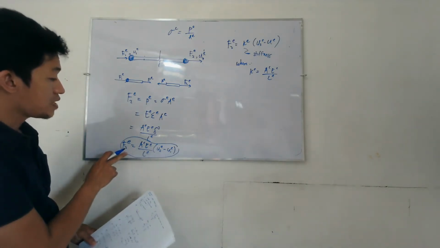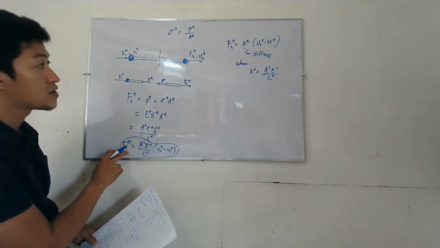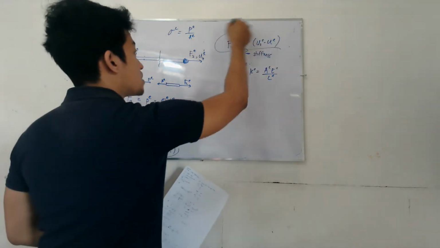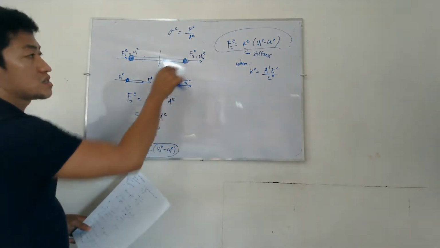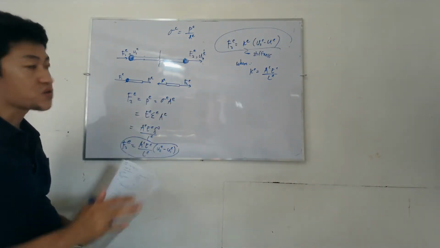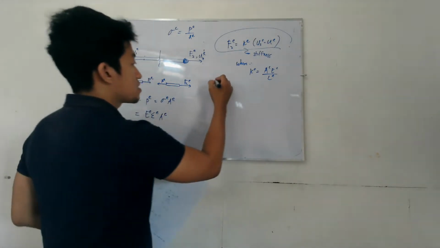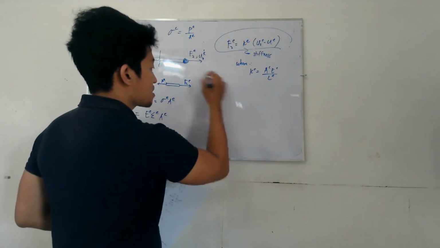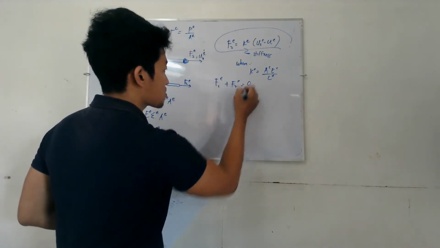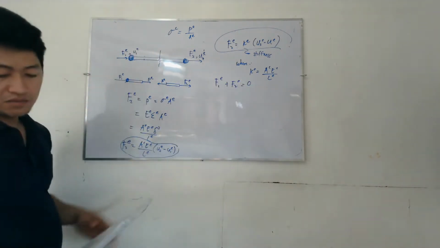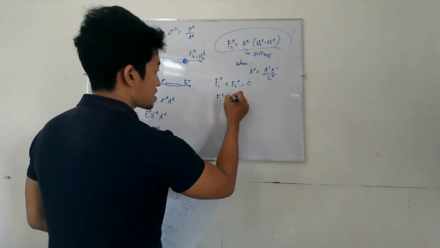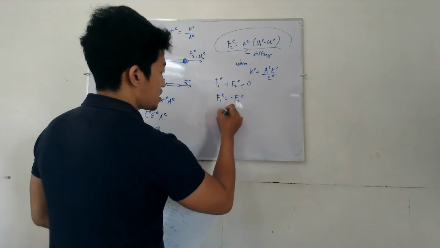So we now have the equation for node 2. How do we get the equation for node 1? Recall the equilibrium equation, F1E plus F2E is equal to 0, right? To apply the equilibrium condition, therefore F1 to the E is just negative of F2E.